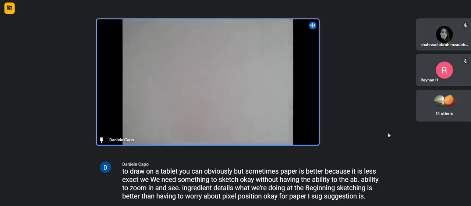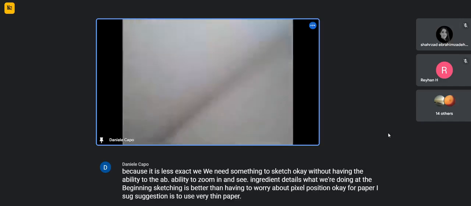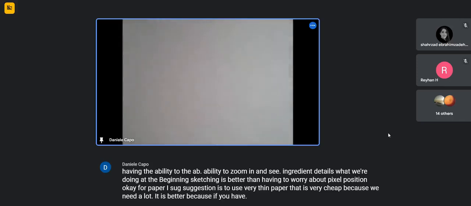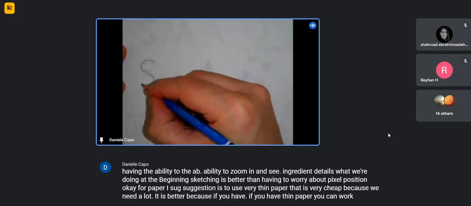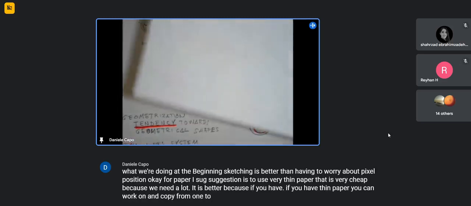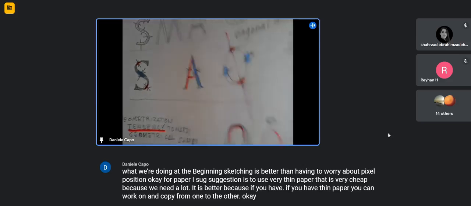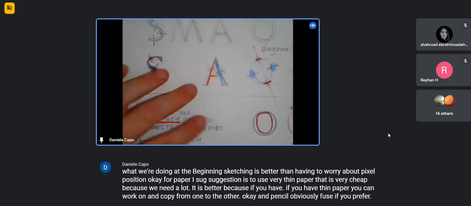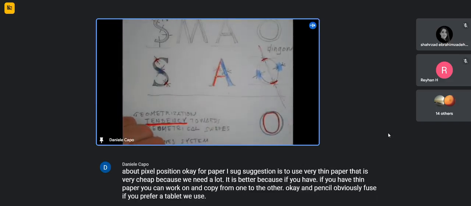Okay. For paper, my suggestion is to use very thin paper that is very cheap because we need a lot. It is better because if you have thin paper, you can work on and copy from one sheet to the other. Okay. And pencil, obviously. If you prefer a tablet, you will use what you have.